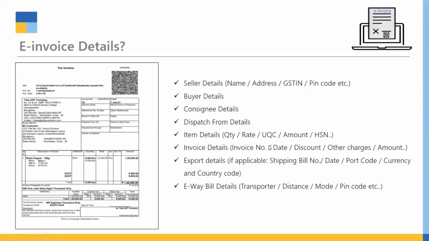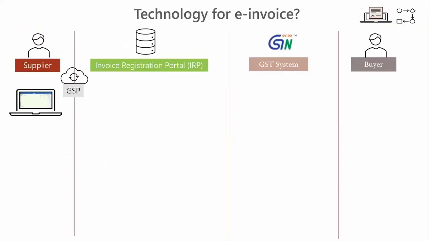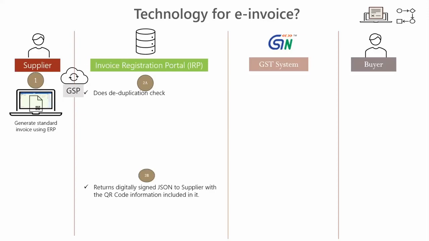Okay, let me come back to this. Let me show you the entire technology picture. As a supplier, I send the goods to you, and for that I will have to send the invoice details to the IRP. The IRP does a deduplication check, that the invoice number is not repeated, and other parameters. Once done, they return the JSON to the supplier with the QR code information.